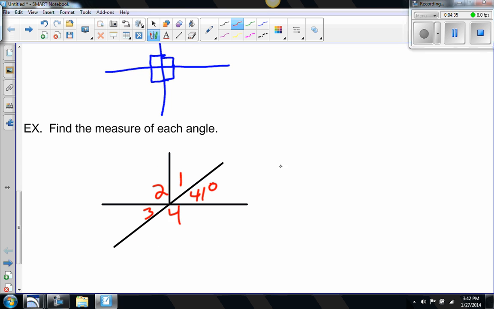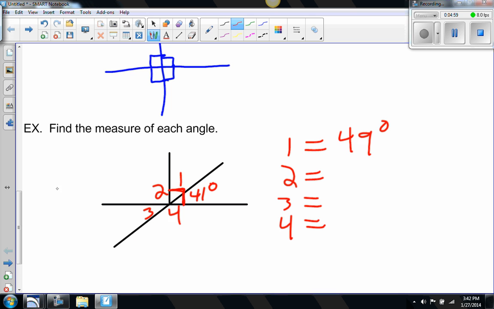So we'll just write down angle 1, 2, 3, and 4. We're using deductive reasoning here. Because I know that these two have to make a right angle, 90 minus 41 is going to give me this. So that would be 49 degrees.